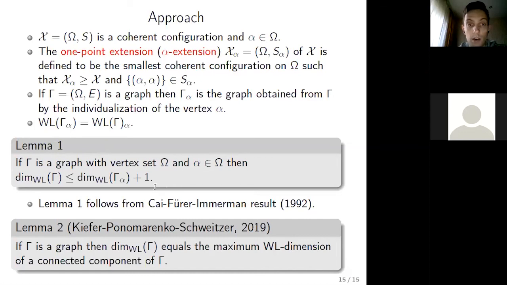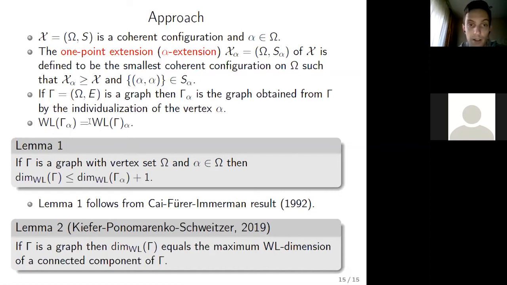And now we can take the graph gamma alpha. Its Weyl closure is a one-point extension of the Weyl closure of our graph gamma. And to check that a one-point extension is separable is usually easier than to check that the initial coherent configuration is separable.